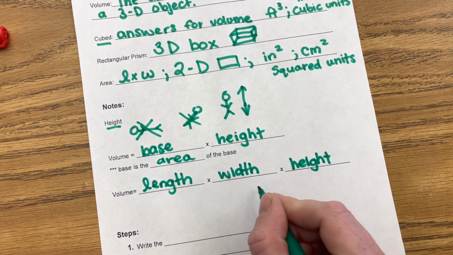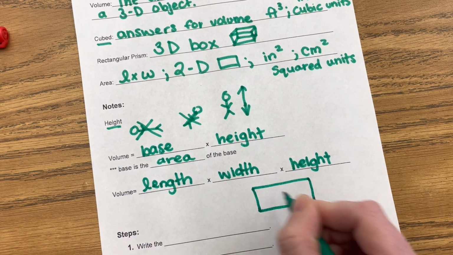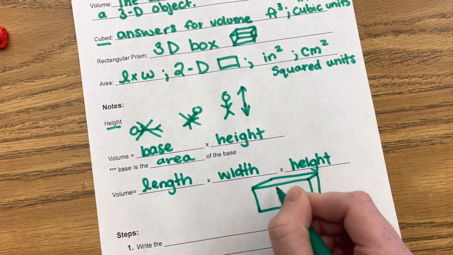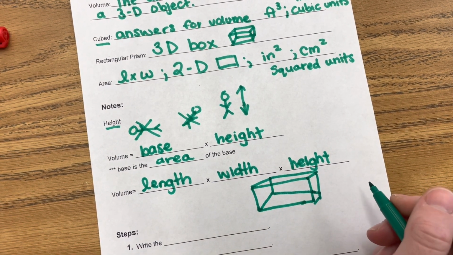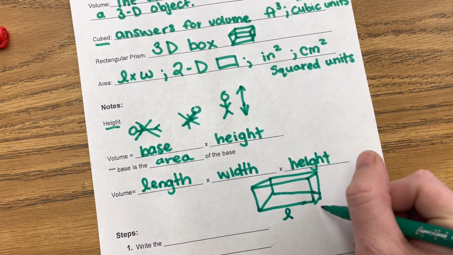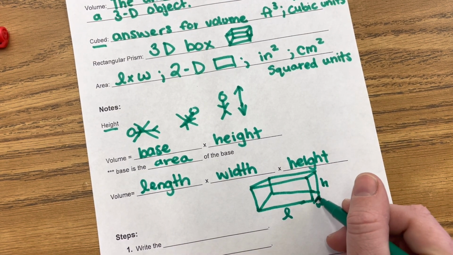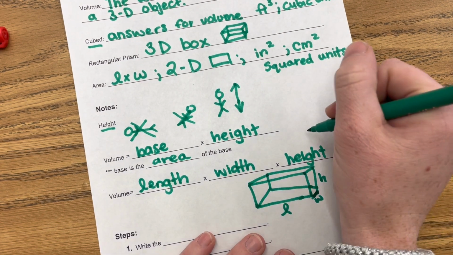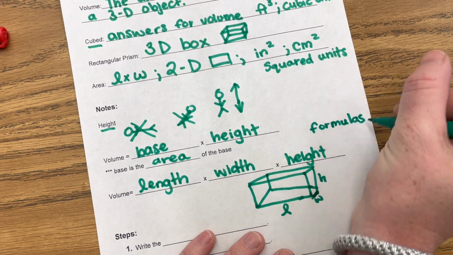So if I have my rectangular prism right here, my width right here and my height. What's going back is going to be my width, across is going to be my length. Again, these two are called formulas.